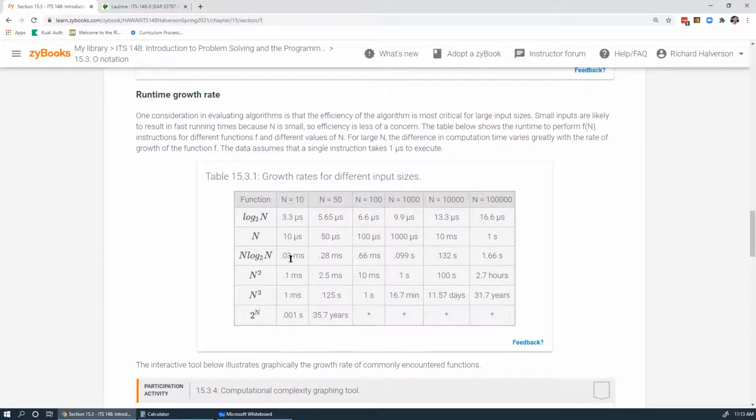This is much larger than 10 times this, and so on. N squared, we're starting to see things grow exponentially. Here, it's n squared. Is this right? Second.